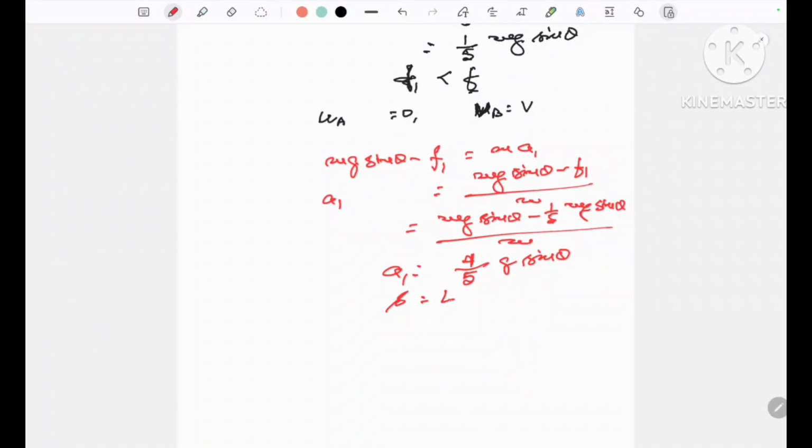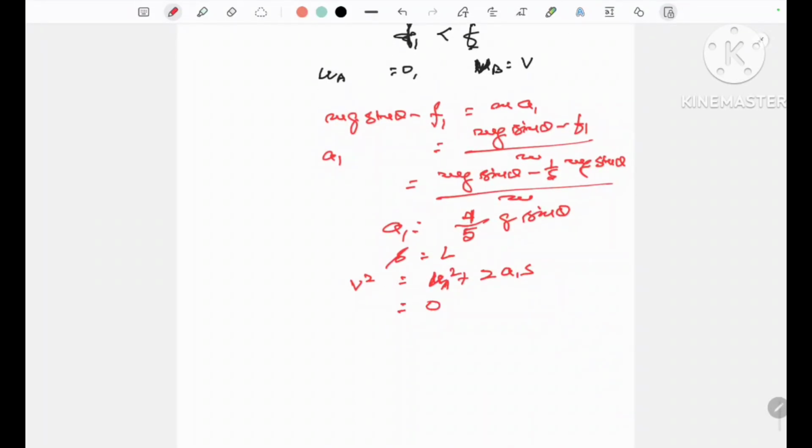Displacement S is equal to L, so V square is equal to uA square plus 2 a1 S, that is 0 square plus 2 into 4/5 g sin theta into L, which is 8/5 g L sin theta.